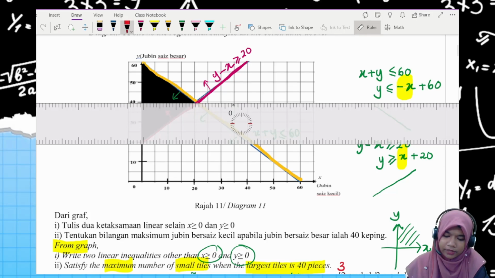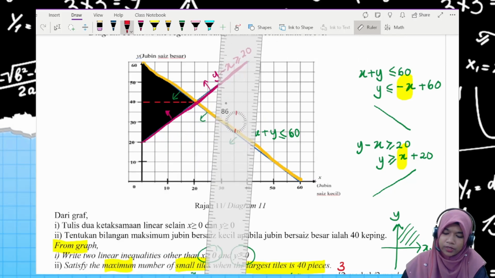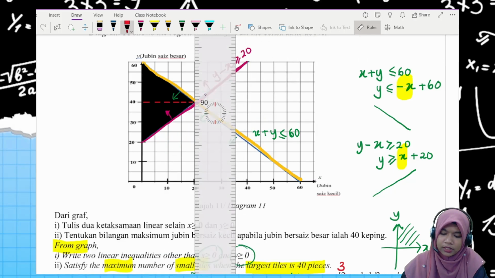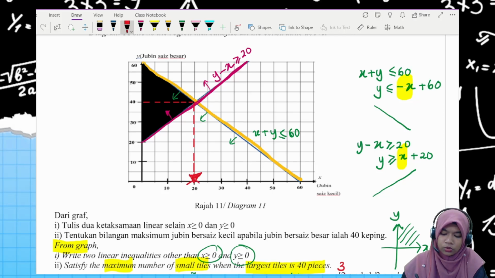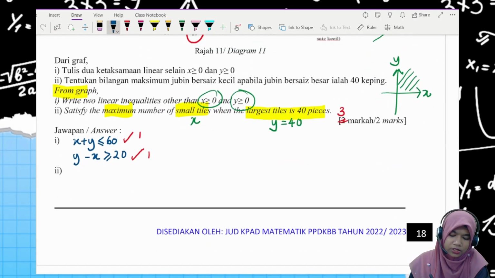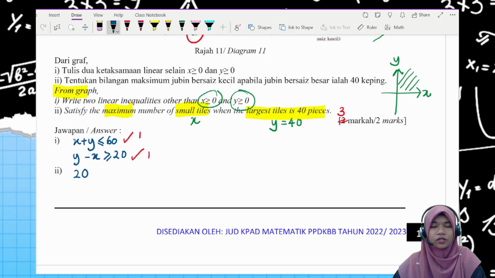Then you read the value: put your ruler and find the value of x when y is 40. The value of x is 20. Simple question. So the answer is 20, because you want to know the maximum value of x when y equals 40.